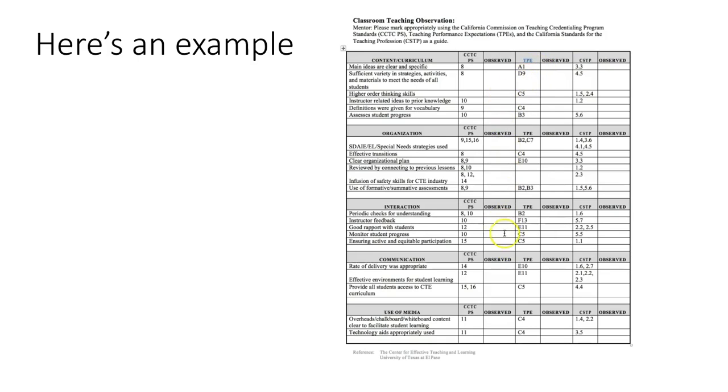It is not expected that you will observe every single one of these in any one observation. However, over the course of 2 observations, we would hope that you would see the vast majority of these. So these are more check marks. You can then use your own paper to write down notes that you want to remember for conversations later.